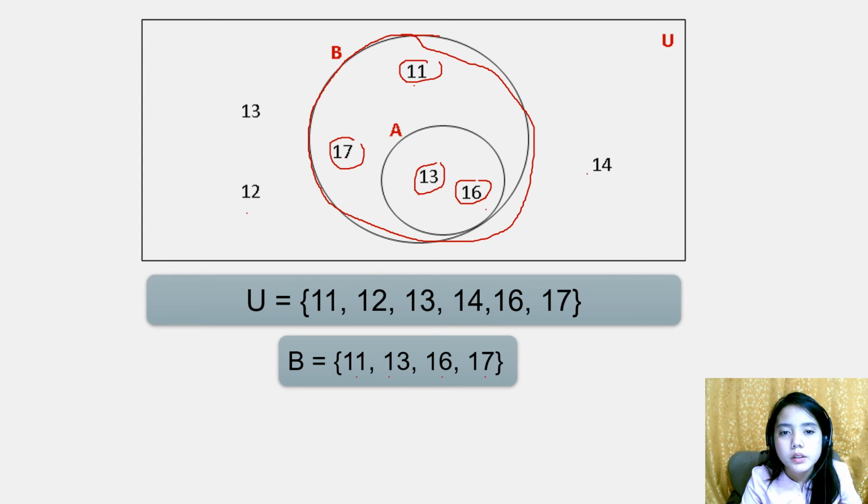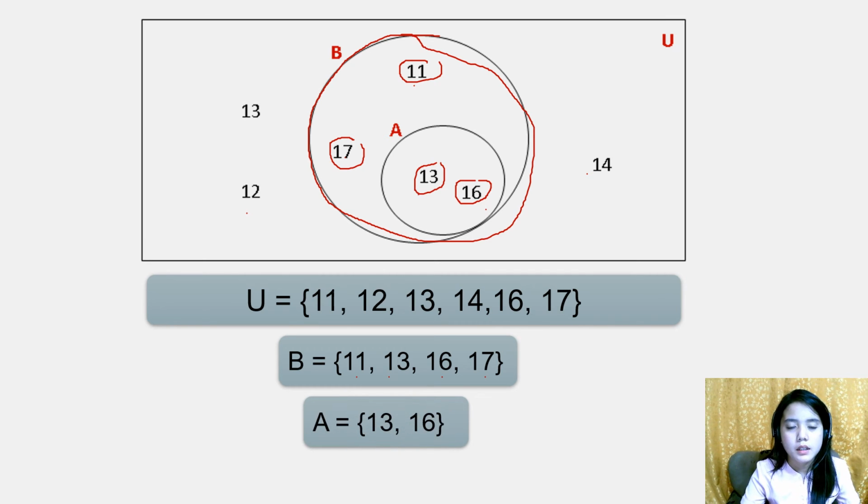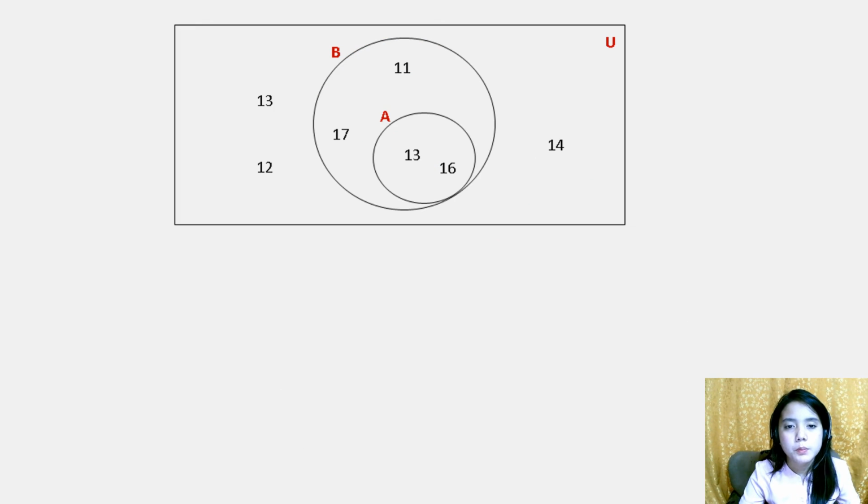What about set A? Unsa mga elements ni set A? Okay. A is a set with elements 13 and 16 because circle A, ang nasa sulod is only 13 and 16. Okay, nakuha ba to?